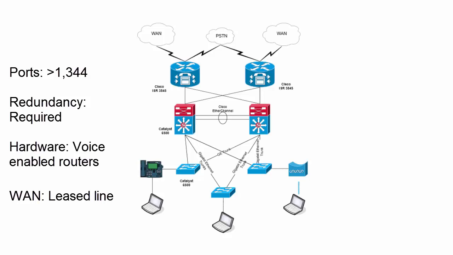The hardware would be a voice-enabled Cisco router with typically higher-end Cisco switches like the Catalyst 6500 using dual supervisors and dual power supplies, also supporting IP phones and access points. It is a requirement for this type of site to be deployed using a permanent WAN service, and Cisco does not suggest, or it would not qualify for, this type of deployment using a VPN solution over the internet.